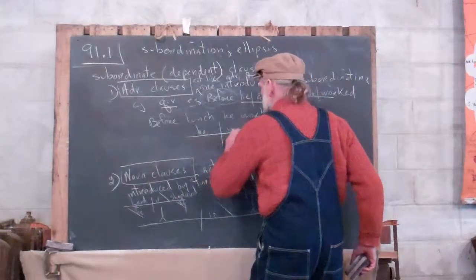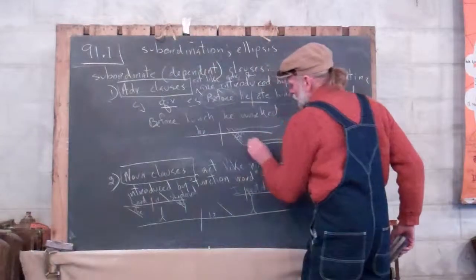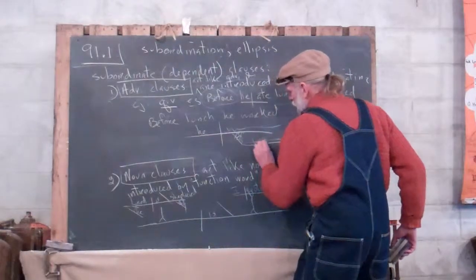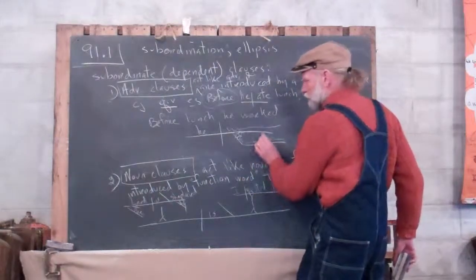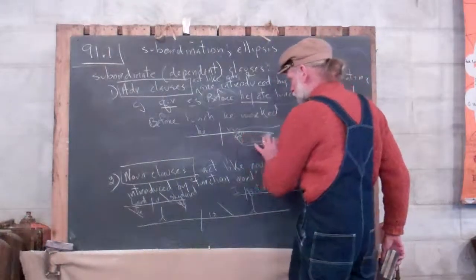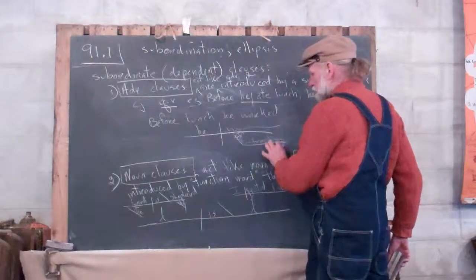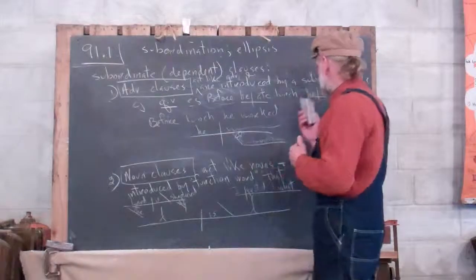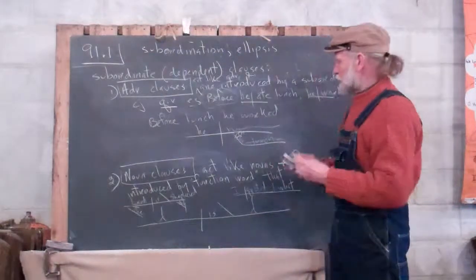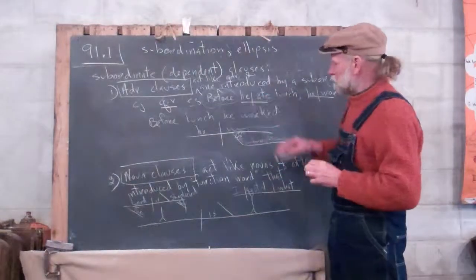Before would not be a subordinating conjunction. It would be a preposition. Here's a prepositional phrase modifying. When did he work? Before lunch. When did he work? Before lunch he worked. Whereas in the other one, when did he work? Before he ate lunch. The difference is that now we've got predication.